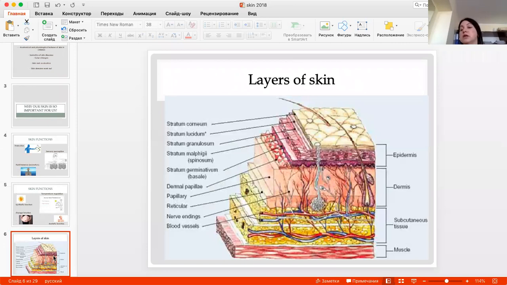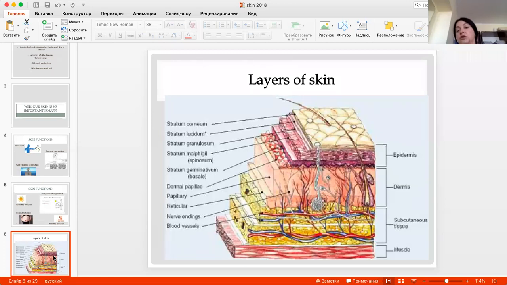You see, skin, as you remember, has the most important big layers when histology is performed. It is epidermis, dermis, subcutaneous tissue, and then technically muscle starts, so it's not skin anymore. Why do I remind you this? Because you should remember that having different layers means that each layer performs different functions.